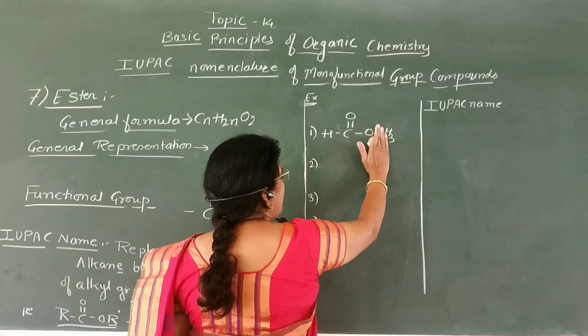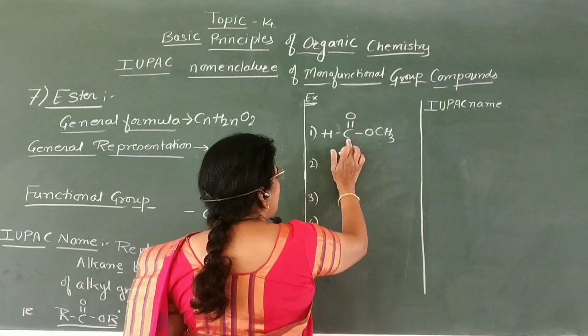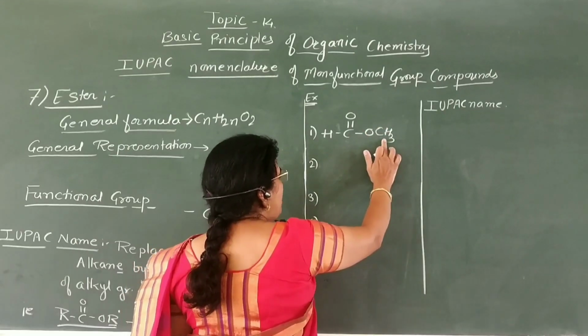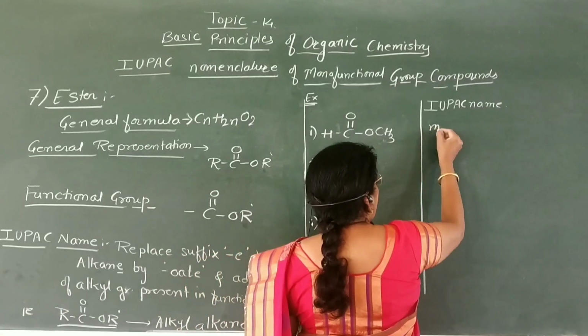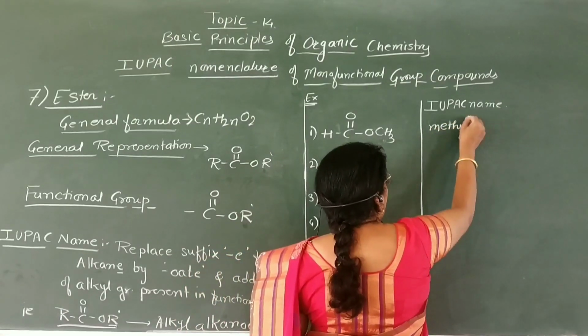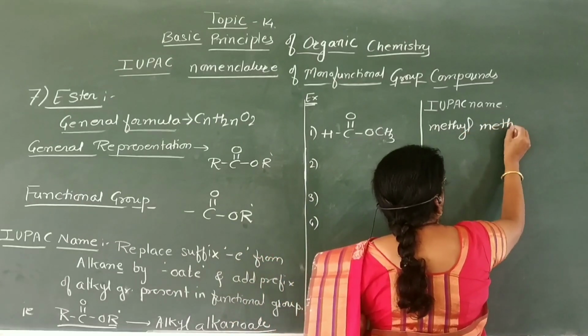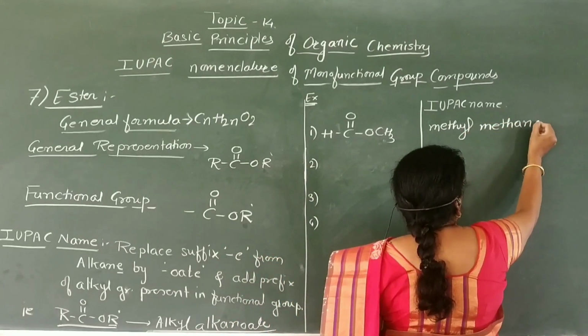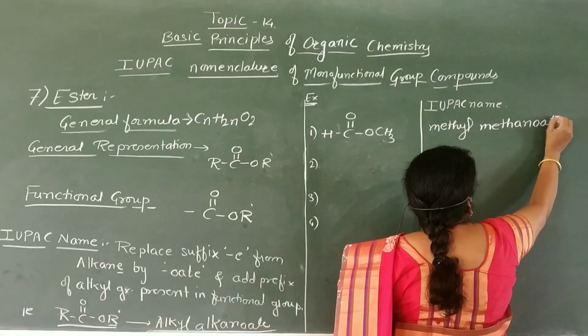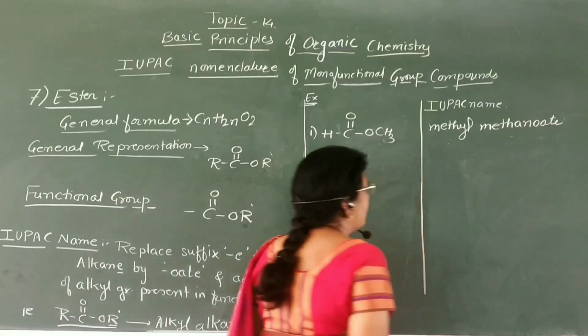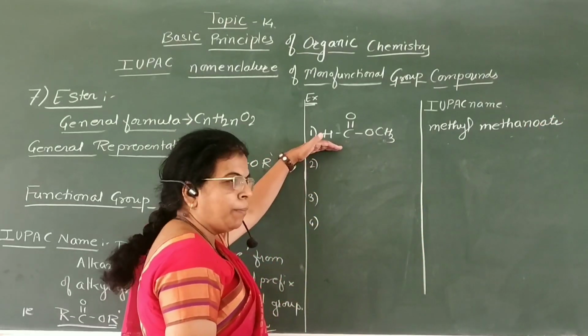But here there is methyl group. Therefore it becomes methanoate. And this is methyl group. Therefore it becomes methyl. Parent alkane is methane. Replace E from methane by OATE. Methyl methanoate is the name of this compound.